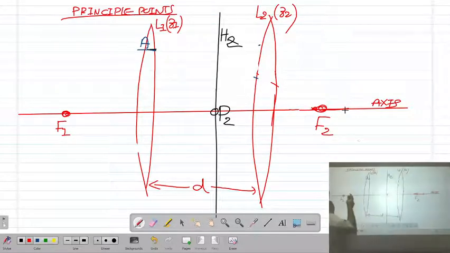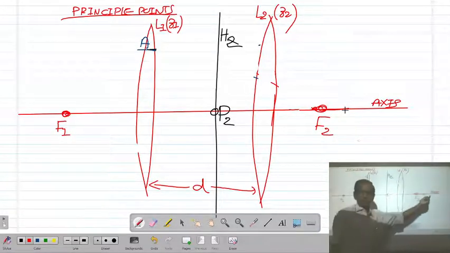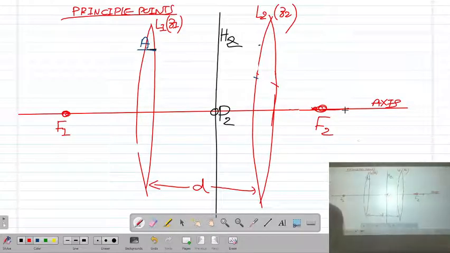So we have defined three points: F1 is the first focal point, F2 is the second focal point, and P2 is the second principal point.